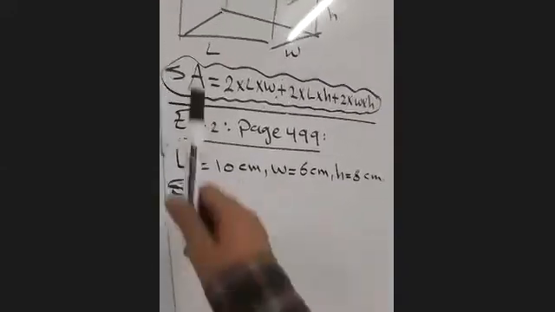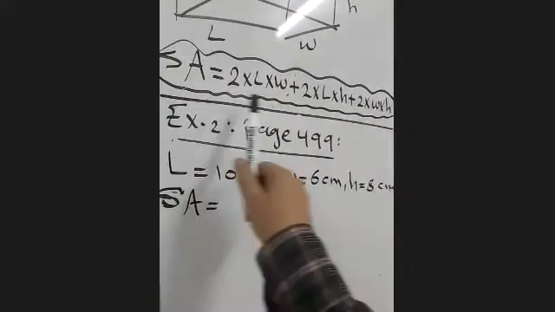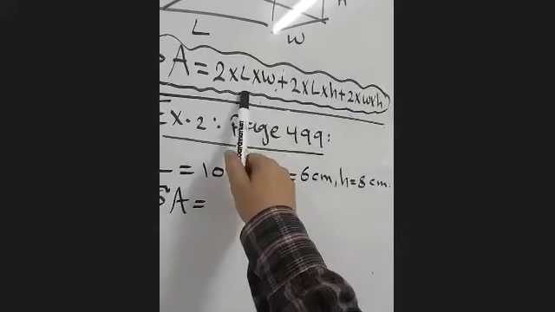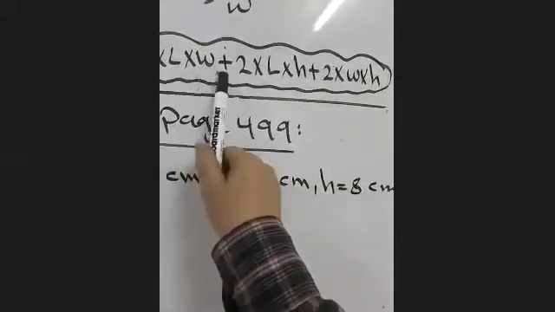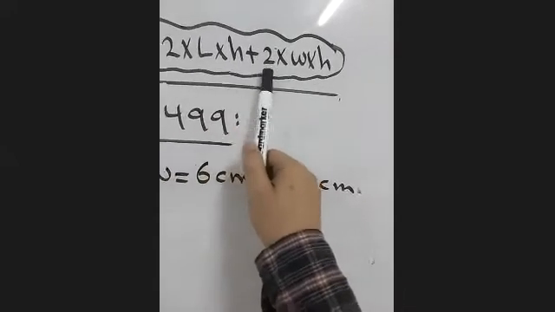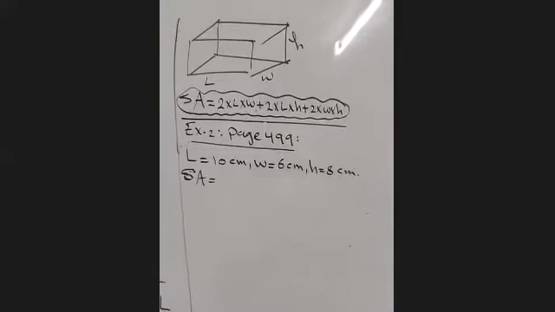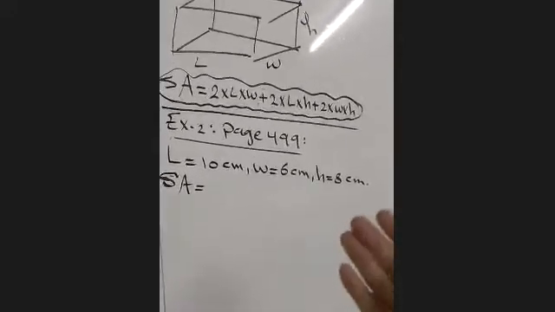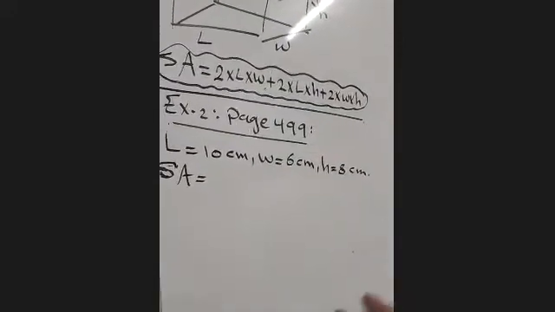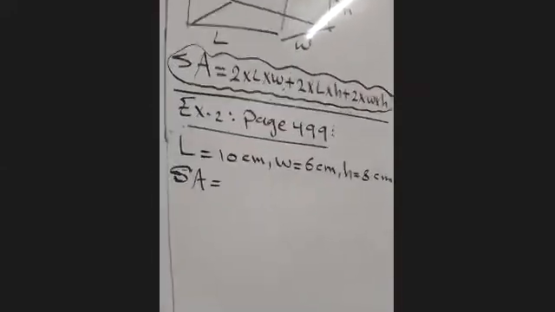The surface area, Yazid, this is the formula, okay? 2 multiply length multiply width plus 2 multiply length multiply height plus 2 multiply width multiply height. Got it? Now you need to watch the video of the previous class, right?